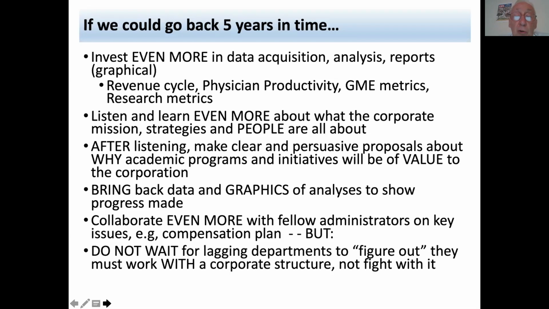We'd collaborate even more with our fellow administrators in different clinical departments on key issues, mainly the compensation plan. But we wouldn't wait for the lagging departments to figure out that they must work with the corporate structure, not fight with it. Last slide, please.